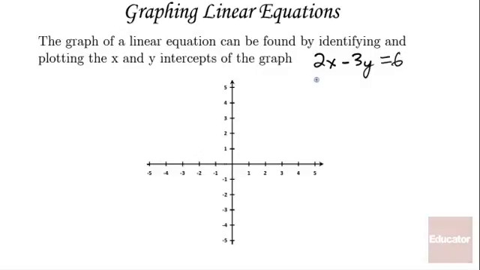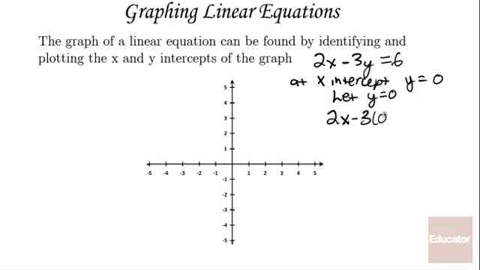And this is a linear equation in the standard form, ax plus by equals c. So how do I go about finding the x-intercept? Remember that at the x-intercept, y is going to equal 0. Therefore, if I let y equal 0 and I solve this equation, I can find the x value, and that x value will be the x-intercept.